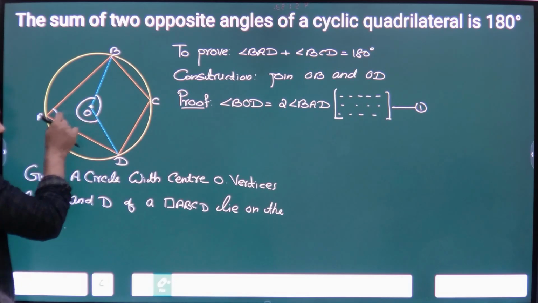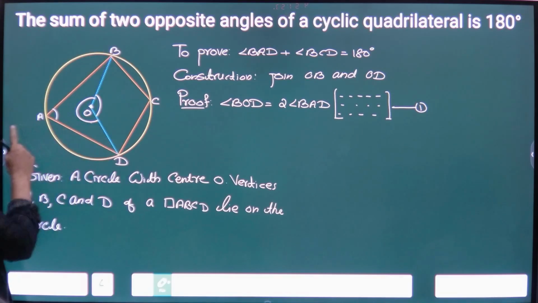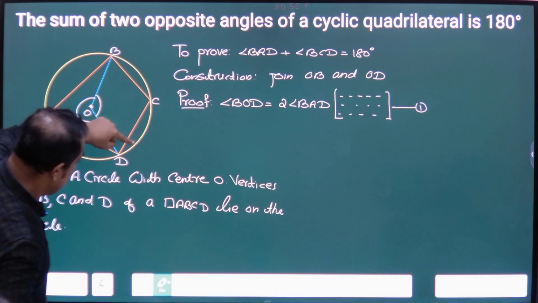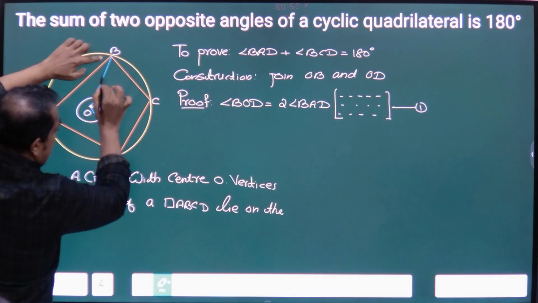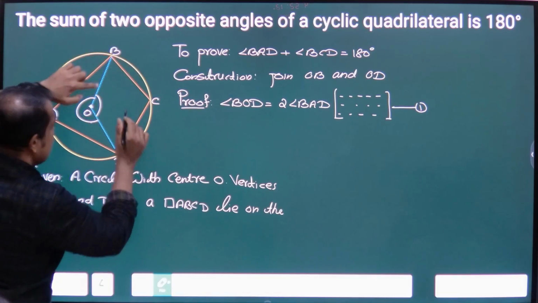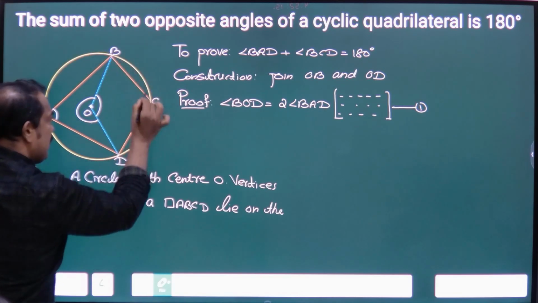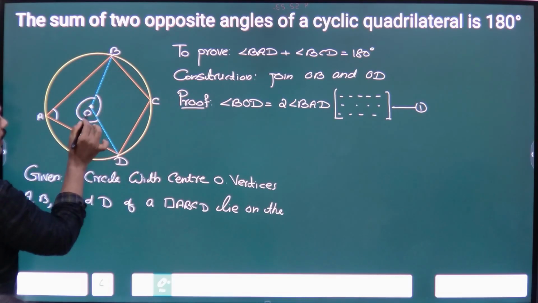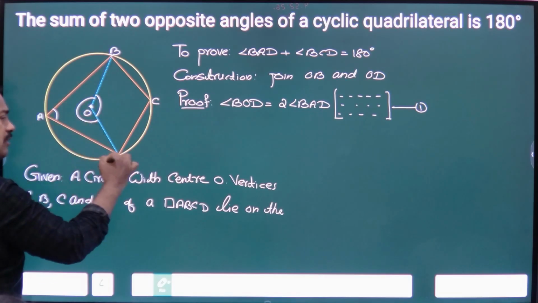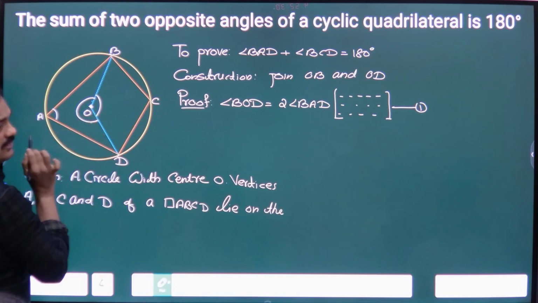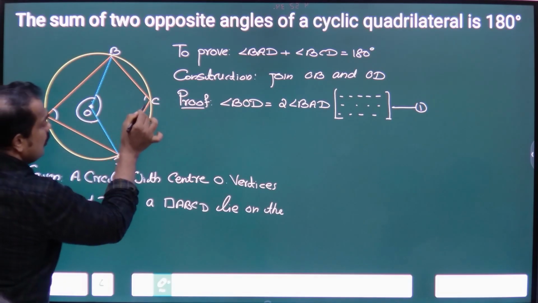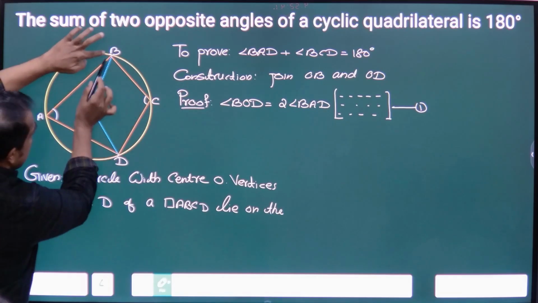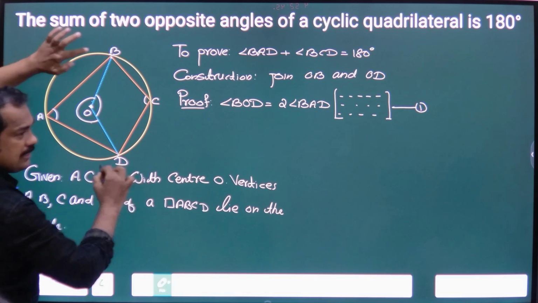See, this angle BAD has its opposite arc here, right? See, this angle BOD is formed by OB and OD, so one endpoint is B and the other endpoint is D. So this is the arc, and this angle is the central angle. And this other angle subtends the same arc, BAD.